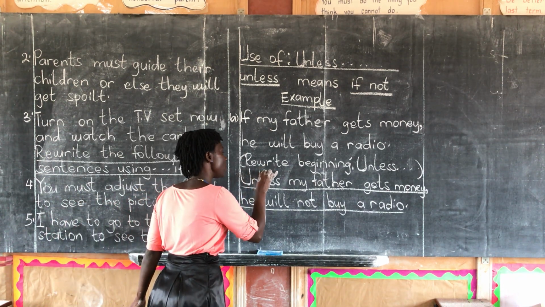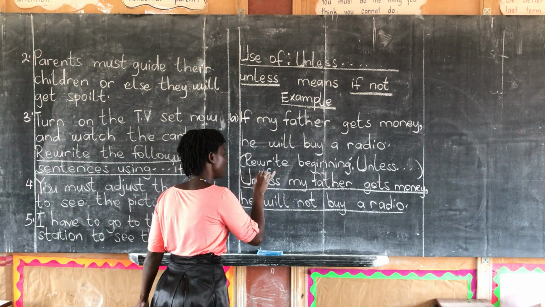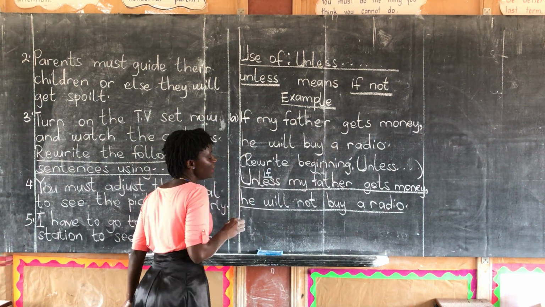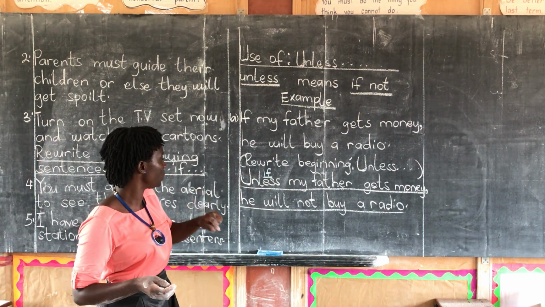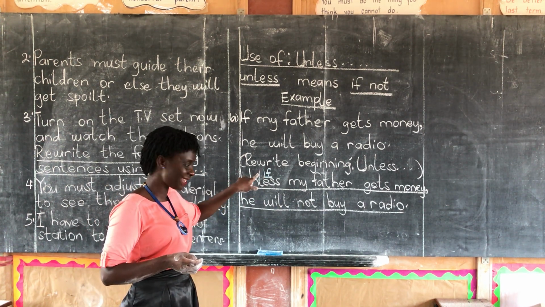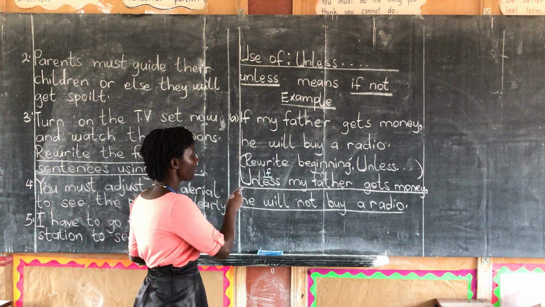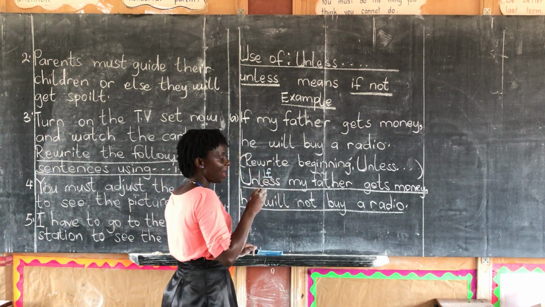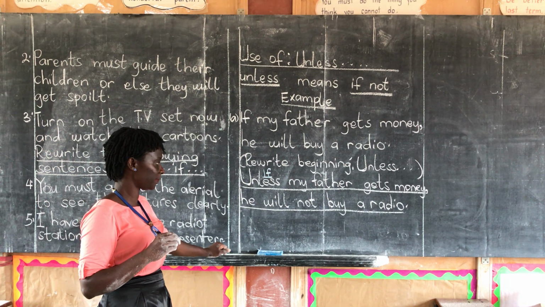So where we have the word unless is where we directly replace if. So what you do, you get your pencil, write if where unless is. So if my father, now we want to place not somewhere.